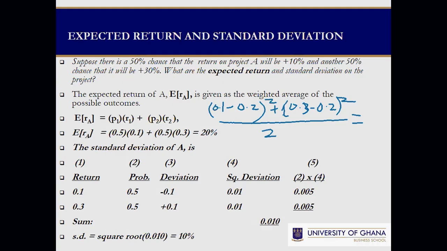All right. So negative 0.1 squared, which is 0.01, plus, so I'm getting 0.02 all over 2.